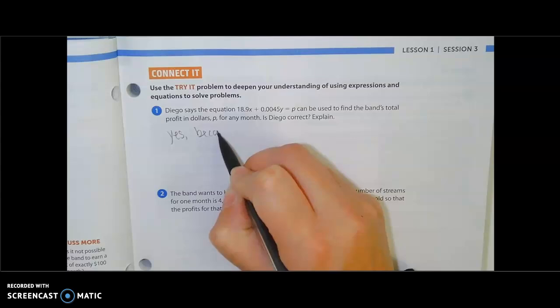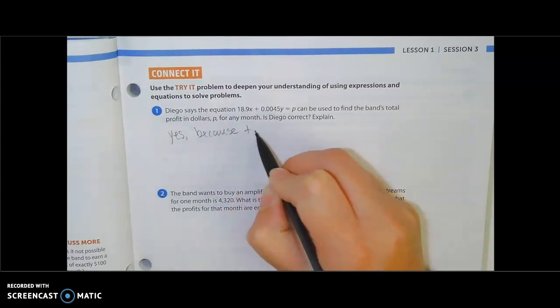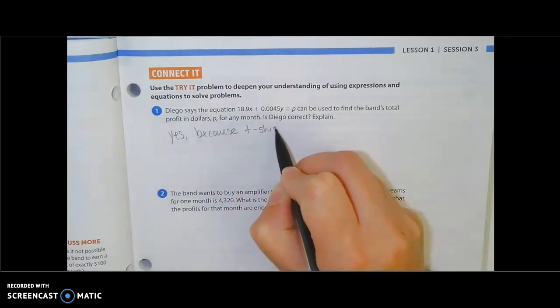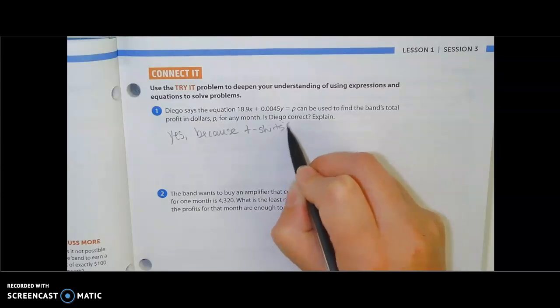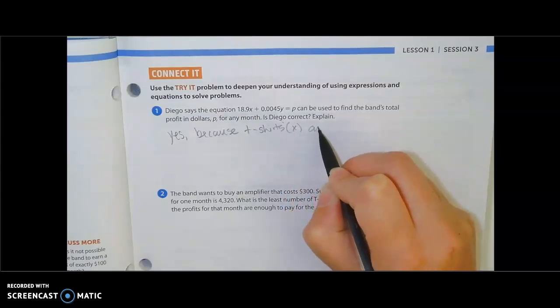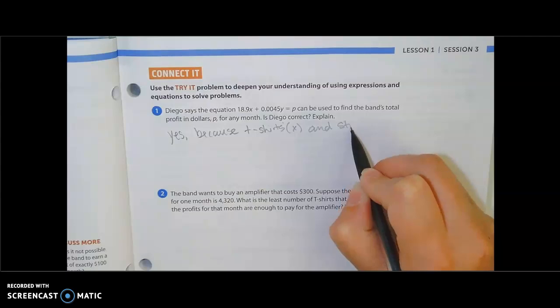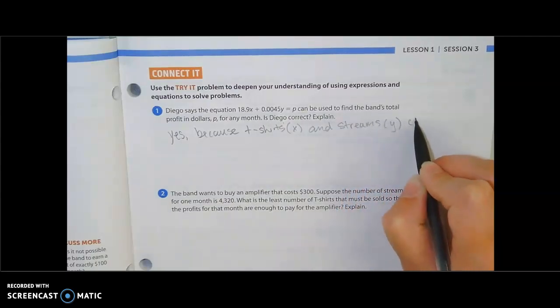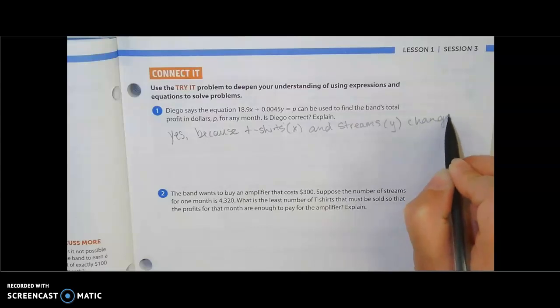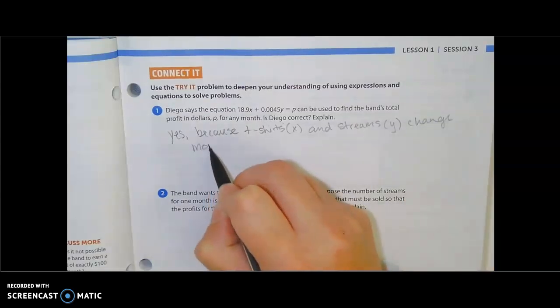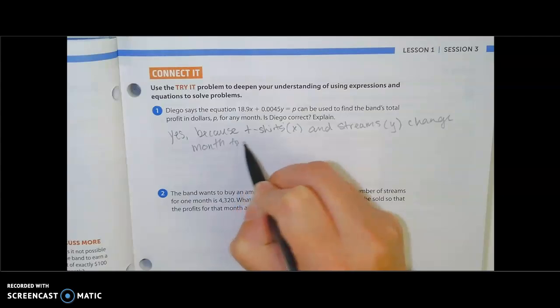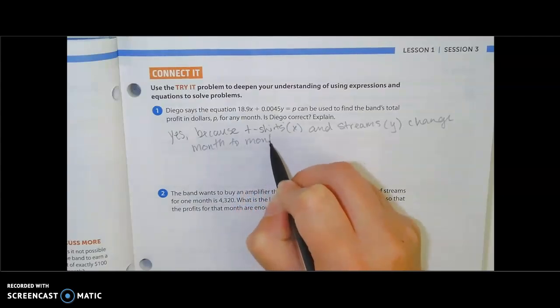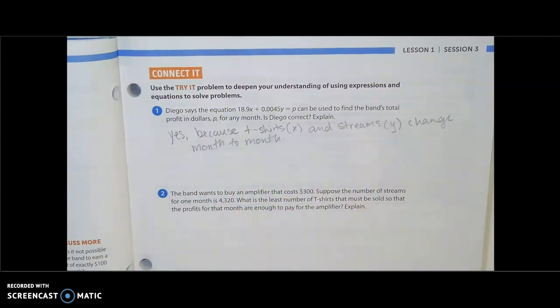So t-shirts, because t-shirts x and streams y change month to month. But they are different, so I can't just call them both x because they're unknown.